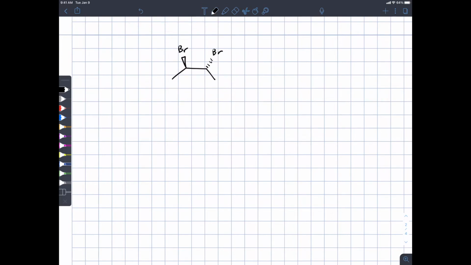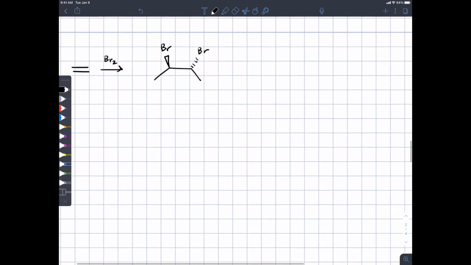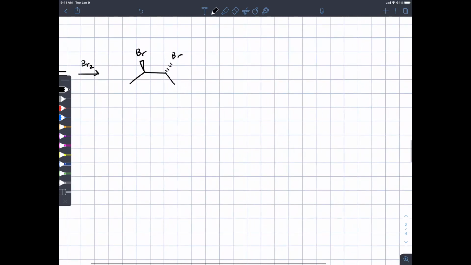You're going to learn it in chapter 10, which is not tomorrow or Friday, but next week maybe sometime. You can actually react an alkene with bromine to get this particular molecule and its enantiomer.